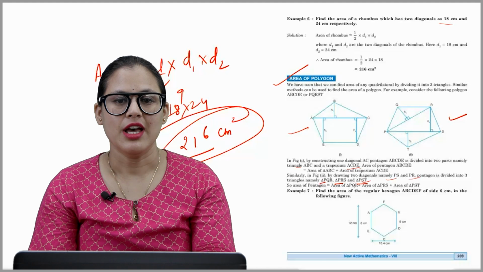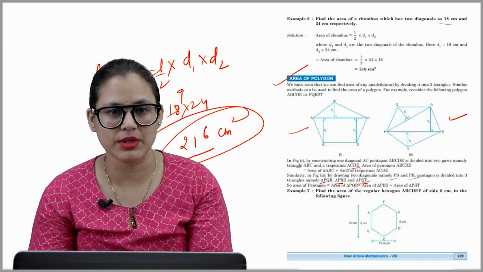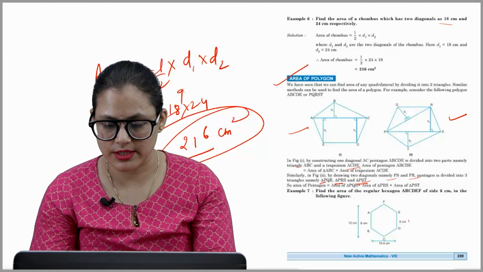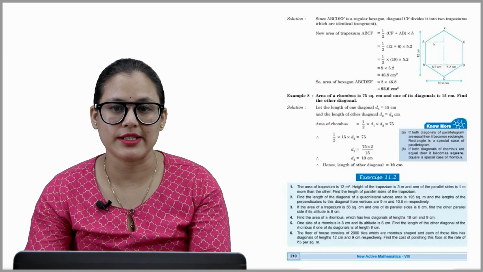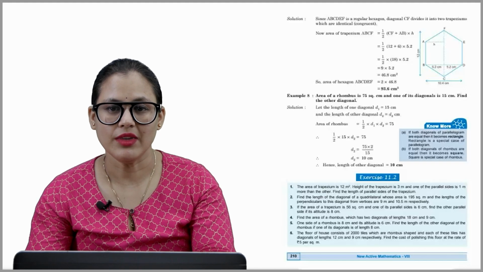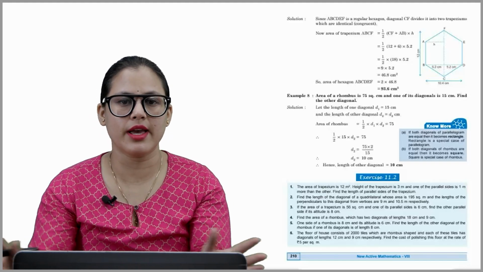Let's do example 7. Find the area of the regular hexagon ABCDEF of side 6 cm in the following figure. So this is the figure. Now let's see how we will divide this. This has 6 sides, so this is a hexagon.